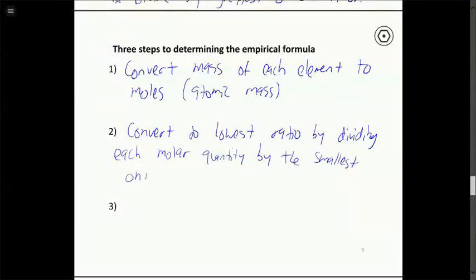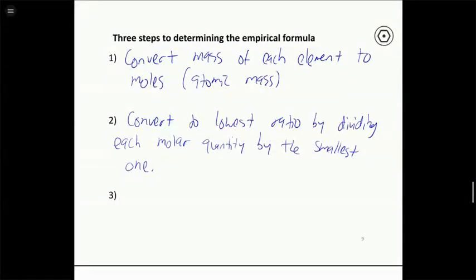Alright, because as we saw, empirical formulas are always reported as whole numbers. There are never going to be any fractions or decimals in an empirical formula. So if we want to convert these molar ratios, which are most often not going to be whole numbers, into whole numbers, we divide them all by the smallest one. That sets one of them to 1, and the rest of them are going to then be relative to that one. Now, sometimes there's a necessary third step, so you're not always going to do this third step.